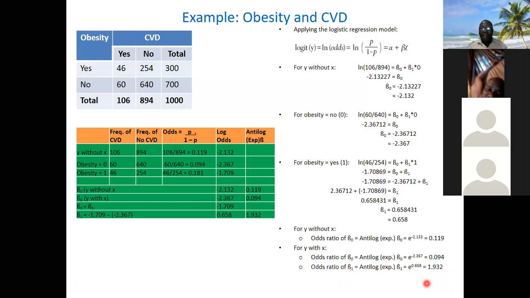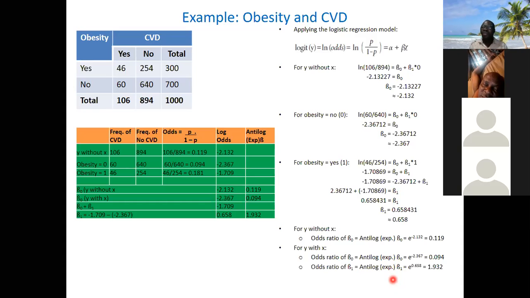If you remember, this beta 1 is the change in the log odds of the cardiovascular disease per unit change in obesity. For one person that has obesity, there is a change in the odds of the outcome. So when you calculate the anti-log, which is the exponential, it is the odds ratio.